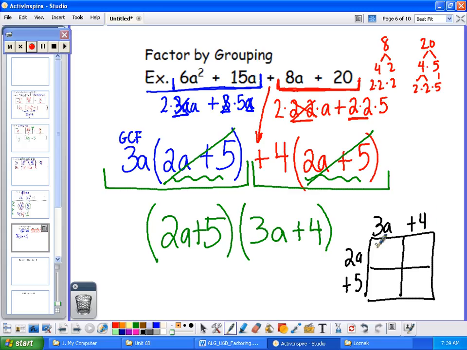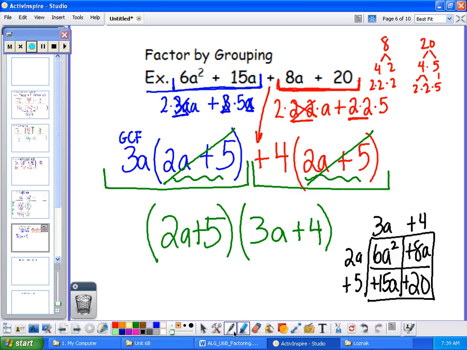I'm going to multiply each box. And in my box, is each one of these represented? Yes.